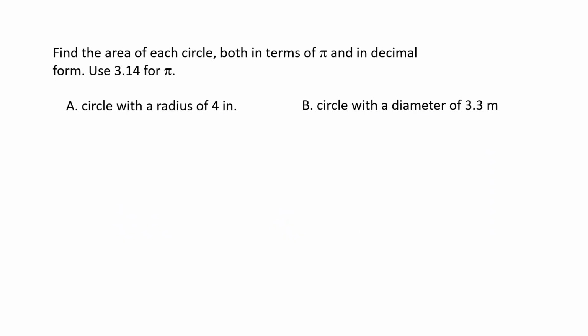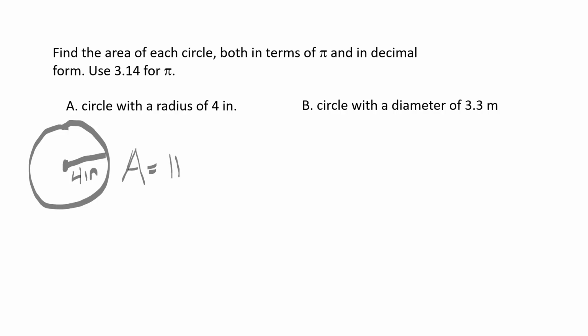Okay, so we're going to start off by finding the area of the circles given. And anytime they give me a circle but they don't draw it for me, I just personally like to draw the circle. So we're told that we have a circle with a radius of 4 inches. So our formula, area equals pi times radius squared.